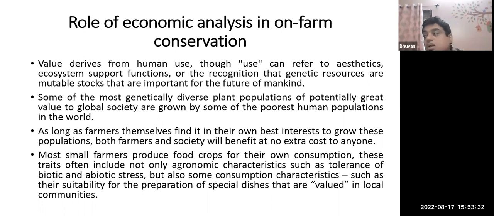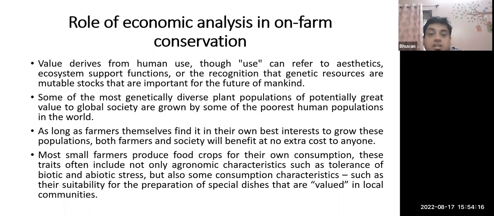This is very important, as we know that in the current scenario, multinational companies such as Monsanto and other organizations are basically controlling the plant genetic material and resources, and only a few cultivars are grown at present at large scale in the agroecosystems. So the poorest farmers, those with small land holdings, are playing a major role in maintaining the genetic diversity of the plants.